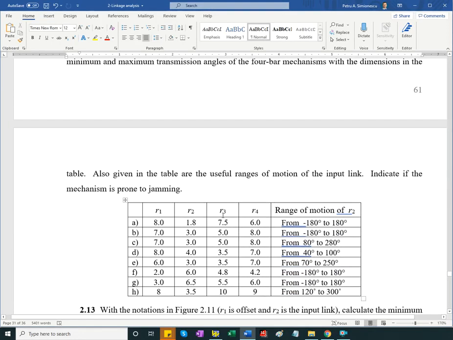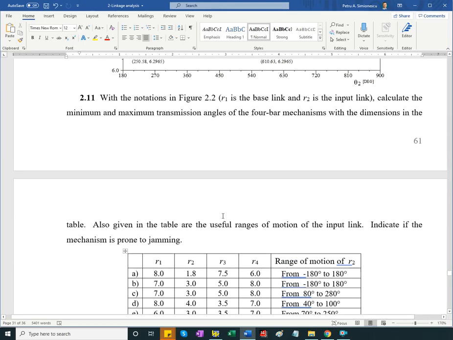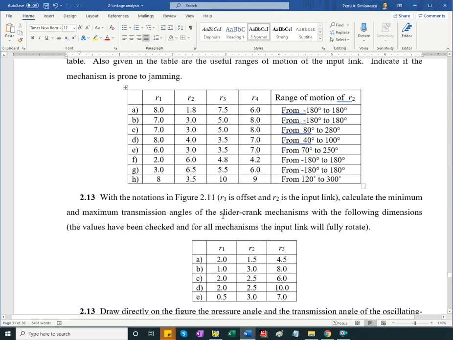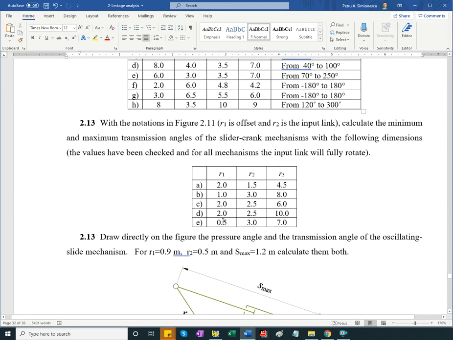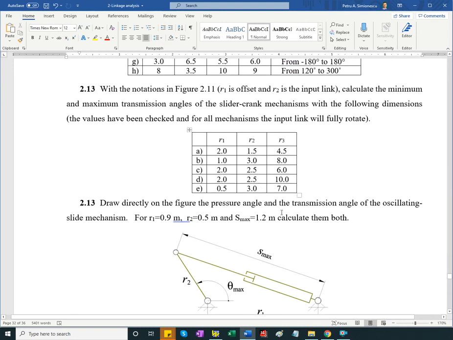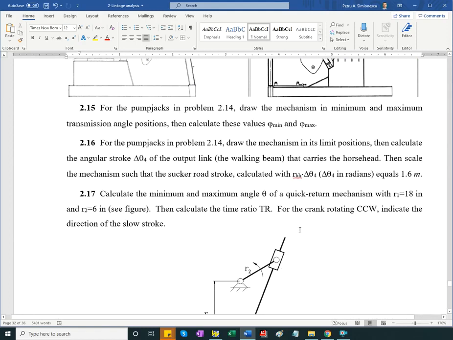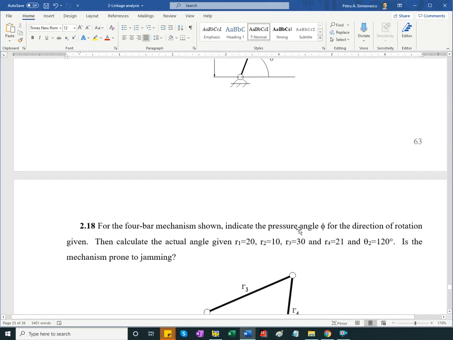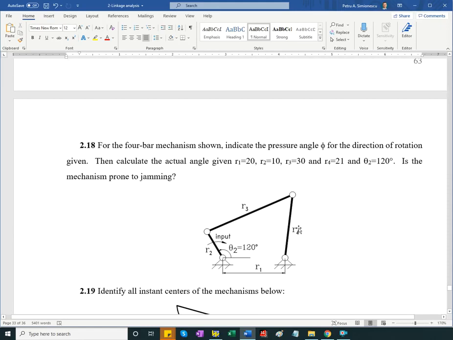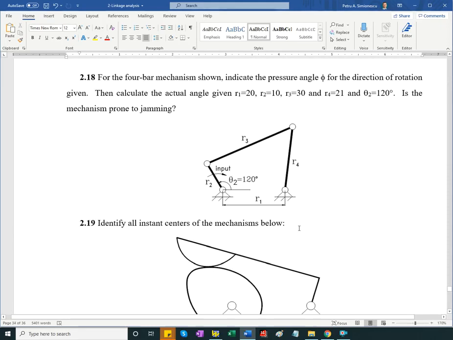And then transmission angles and limit positions for given link lengths, also a straightforward application of the equations. There'll be a homework assignment where you'll have a chance to practice.